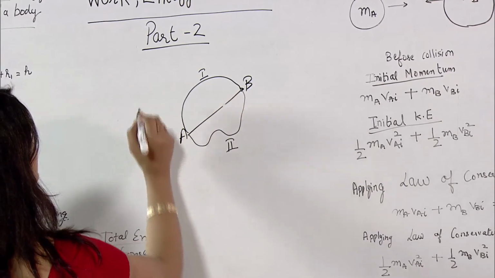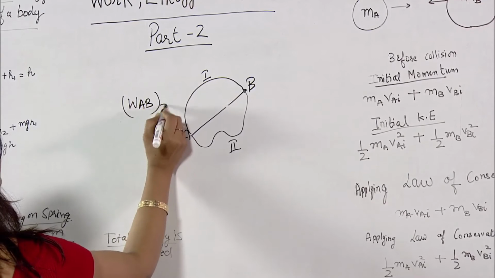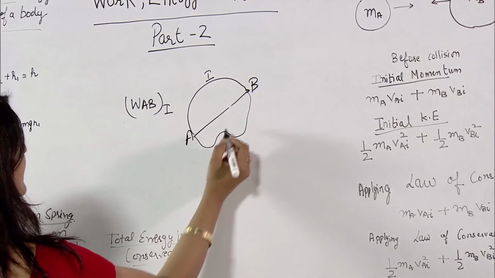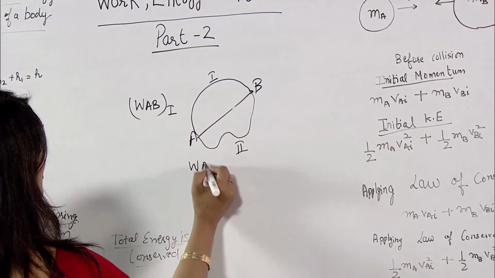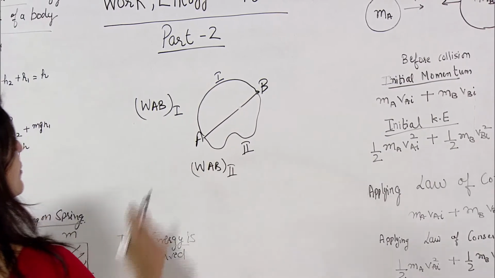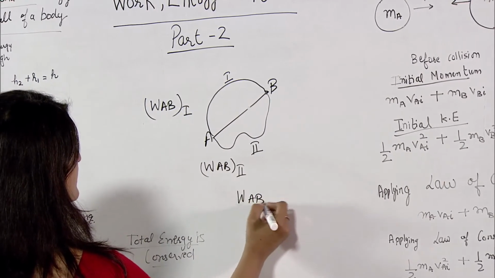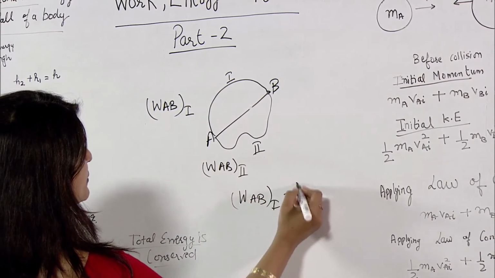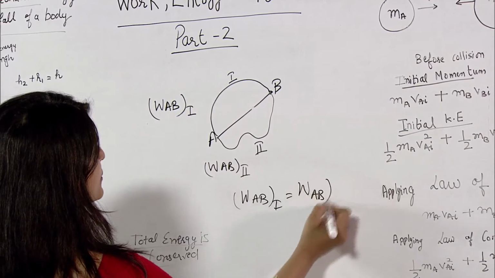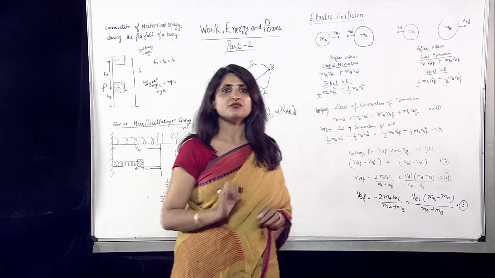So, work done along path 1 from A to B is given by WAB1, and the work done from A to B through path 2 is given by WAB2. When WAB1 is equal to WAB2, then we say that this is an example of conservative force.